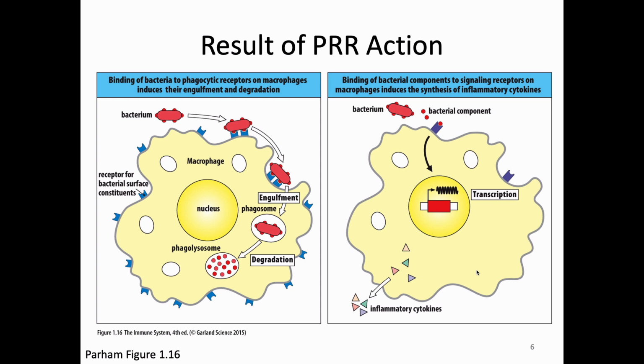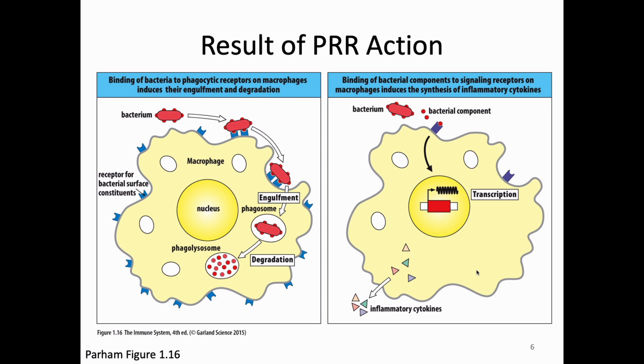In the past, I have had students think that all cytokines are inflammatory cytokines. They're not. There are ones that do things other than inflammation. But in this case, we have the PRR leading to transcription, and then we get translation and secretion of our inflammatory cytokines. And so this is another big aspect of what happens following PRR getting activated.